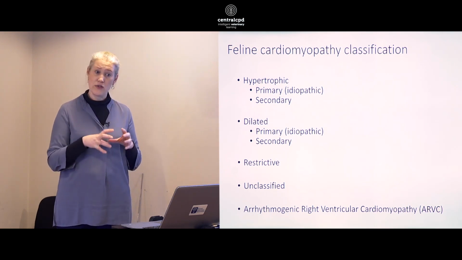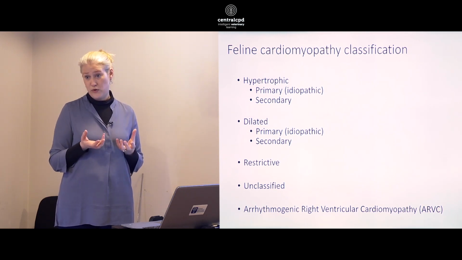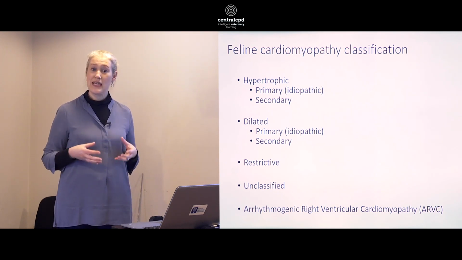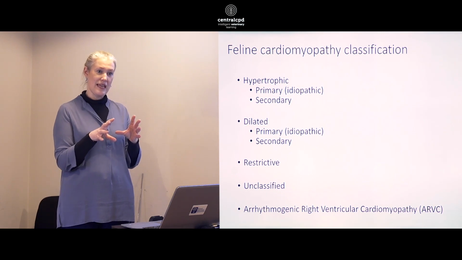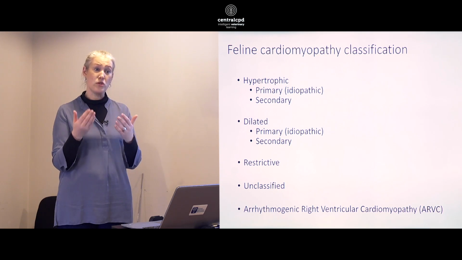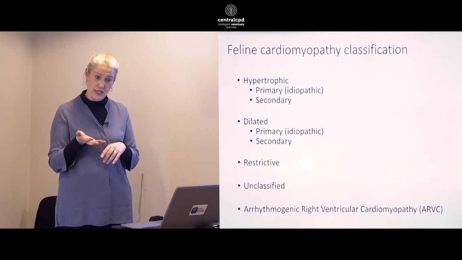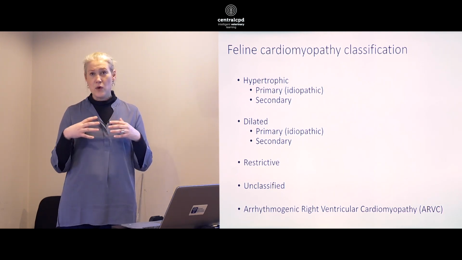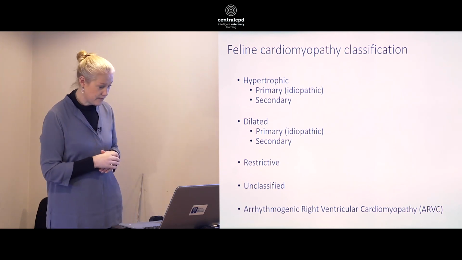Secondary just means secondary to systemic disease that is causing increased afterload or increased pressure on the left ventricle, and therefore, a bit like going to the gym, if the left ventricle is having to work harder, it will get thicker. But on an ultrasound, you can't tell just by looking whether that is primary or secondary HCM. That's why it's so important to do our diagnostic workup to rule out systemic disease. If we rule those things out, then often genetic or primary HCM is almost a diagnosis of exclusion. We've ruled everything else out, so it's most likely to be that.